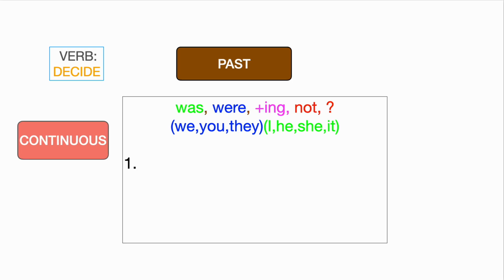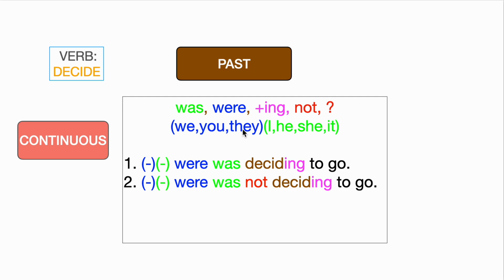The next row, we do continuous, and this means ing, something happening for a time. So we use the helping verbs was and were. We, the blue word, were deciding to go, but she, the green word, was deciding to go. Same with not.